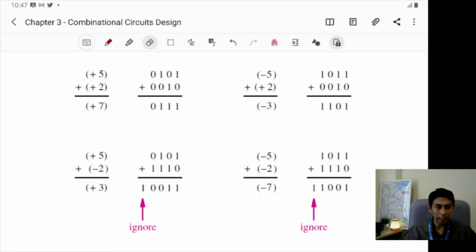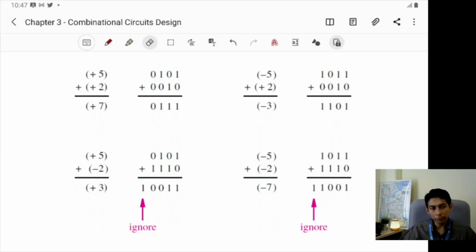And same with this one. Minus 5, minus 2. So this is minus 5, this is minus 2. You add together, you have minus 7, and this is minus 7 in 4-bit, and this carry is ignored.